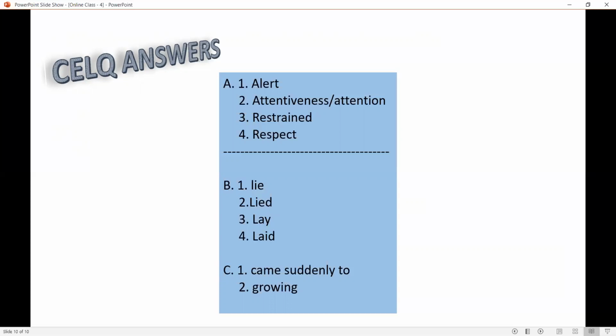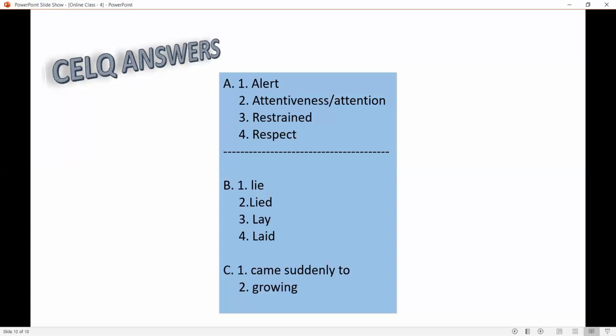Then question B is every afternoon I lie down after the hectic work in my house. Second one is he had lied to his friends many times before he was caught. Third one is the police ordered the criminals to lay down the weapons. Fourth one, the government has laid down the rules to be followed right in the beginning.